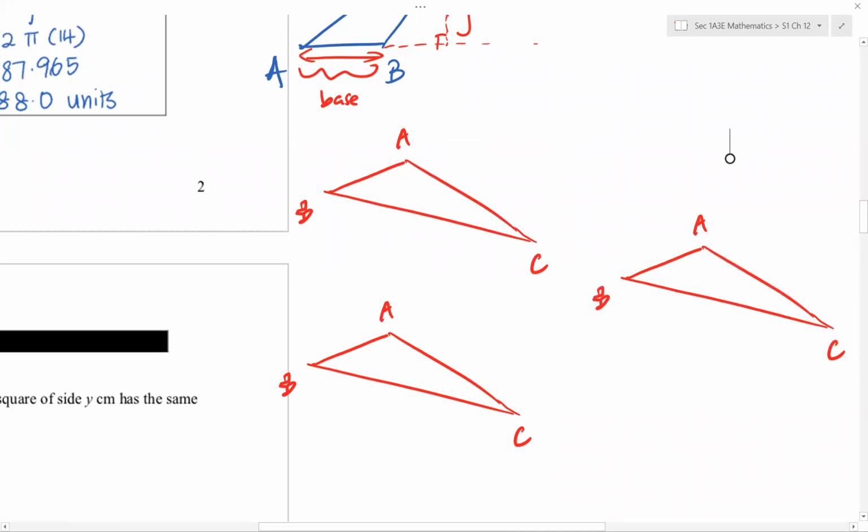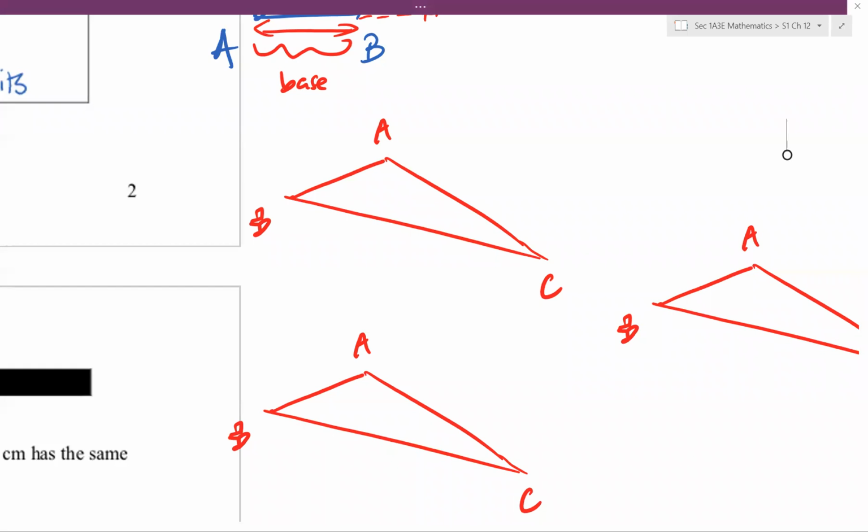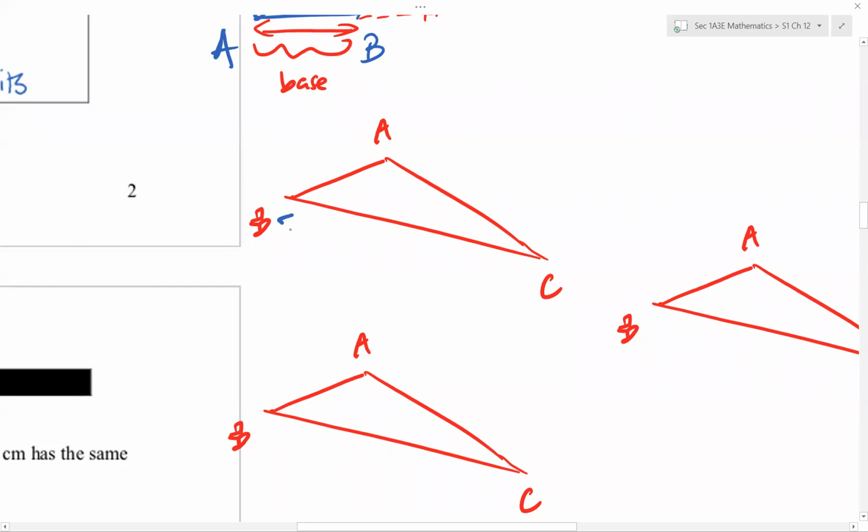Okay, I've got three same identical triangles here now. I think most students prefer to use BC as the base. So if this is the base, this is how you find the perpendicular height. The point that is not used, I've already used BC for the base. The point that is not used is A.